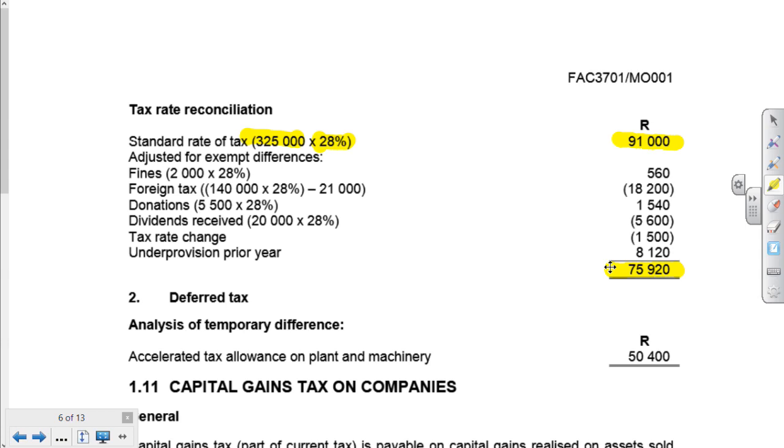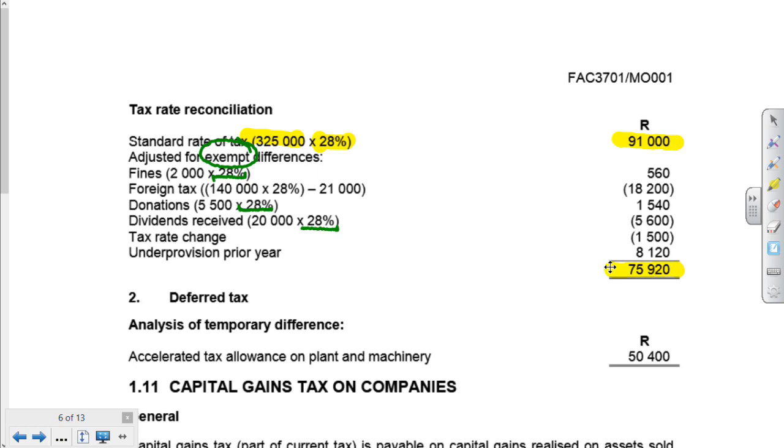So that's the recon. The first piece of the recon, as I said earlier, is these exempt differences, and they come in at 28. Fines at 28, donations at 28, dividends at 28.